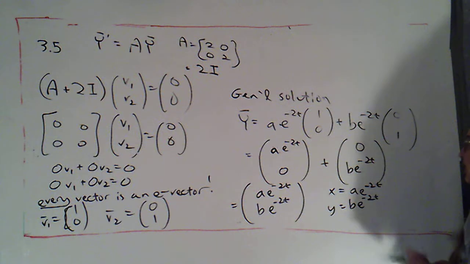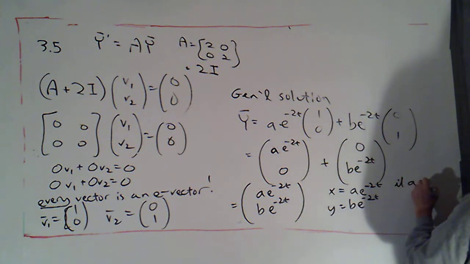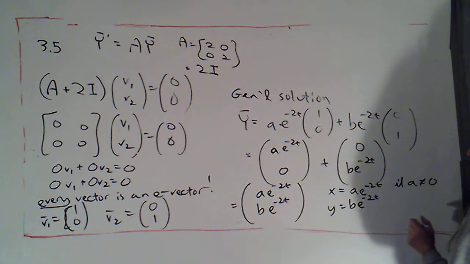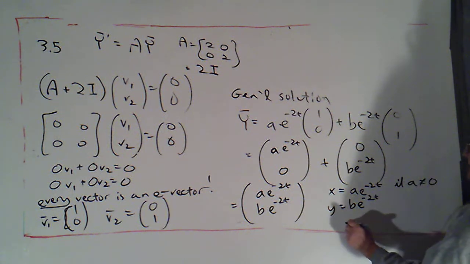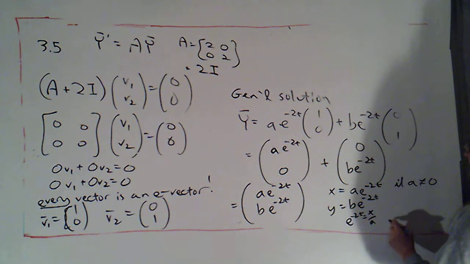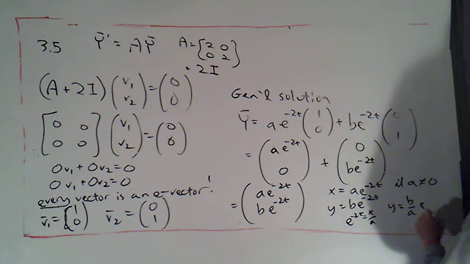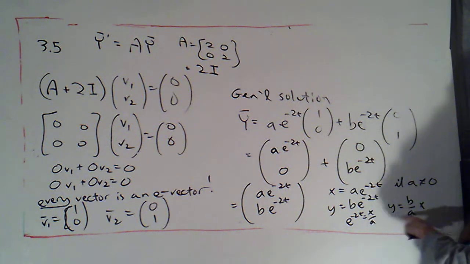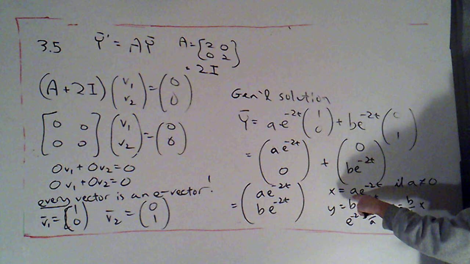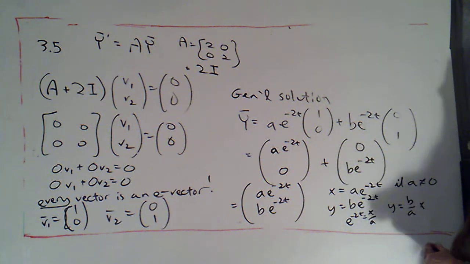If they are not 0, actually let's just say if a is not equal to 0, then I can say e to the negative 2t is equal to x over a, so y is equal to b over a times x. We just have a line through the origin whose slope is b over a. The only time I can't do this is if a is 0, and of course if a is 0, then we're just talking about x being constantly 0, and we're talking about being on the y-axis.